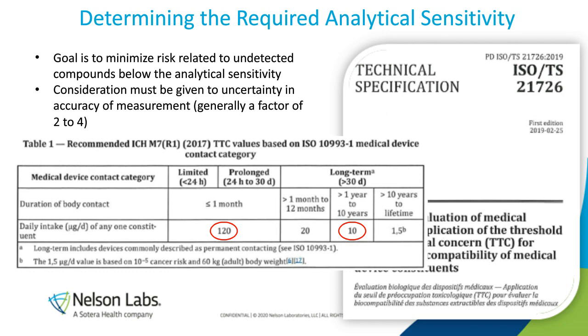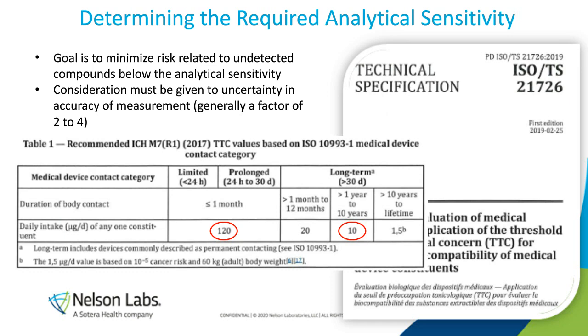The other thing I want to point out is that a lot of folks and labs, and I would also say toxicologists, just expect that the sensitivity is as good as 1.5 micrograms per day. That's the lowest TTC that we have. You can see it there in the greater than 10 years column of that table.